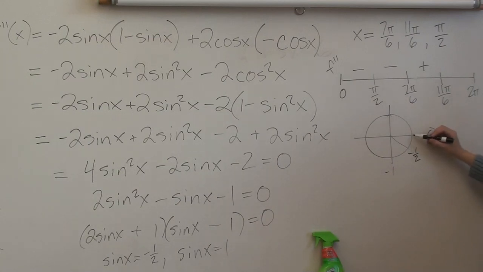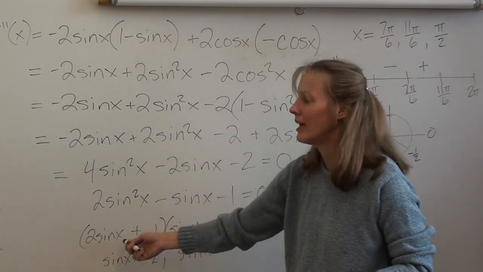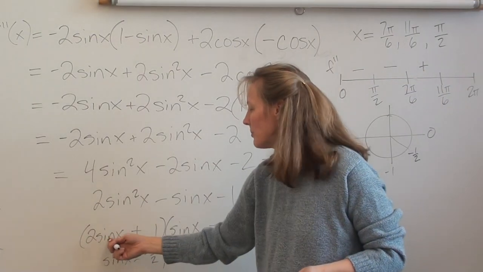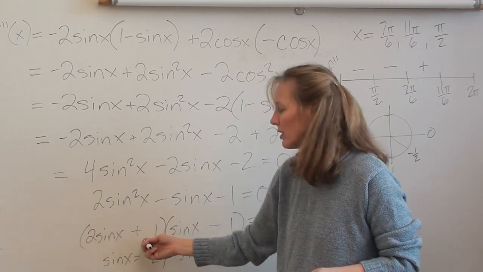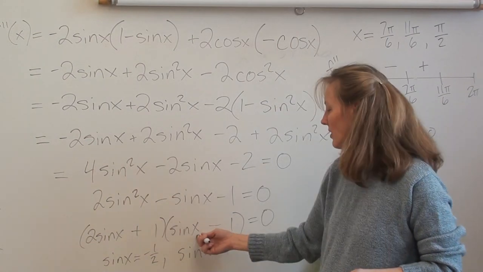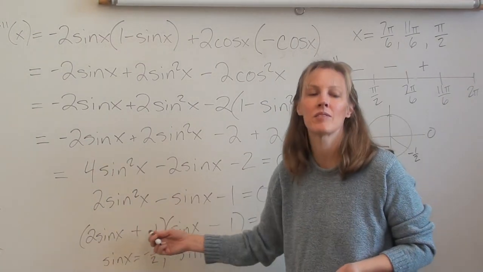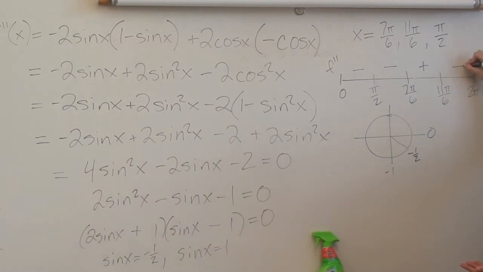So the values of sine, since it's continuous, from 11 pi over 6 to 2 pi have to be between 0 and negative 1/2. Does that make sense? So you can just pretend that sine is negative 1/4 and plug it in and it will work. So 2 times negative 1/4 is negative 1/2 plus 1, this is positive. Negative 1/4 minus 1 is negative, positive times a negative is a negative.